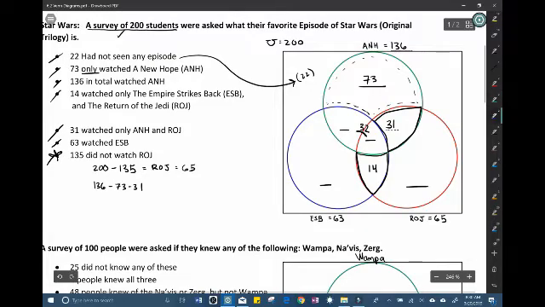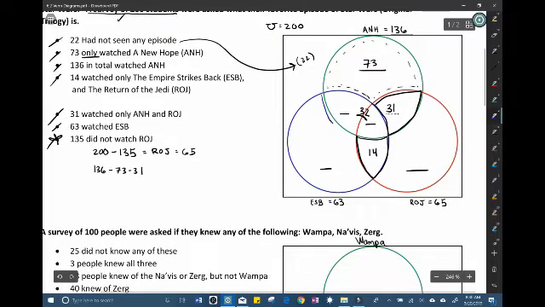What that helps is now we can find this piece. We know that the whole Empire Strikes Back is 63. We kind of have two of those pieces. So 63 minus 32 minus 14 gives us 17 for right here. Okay, so we filled out another spot.